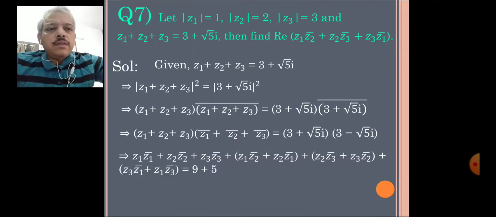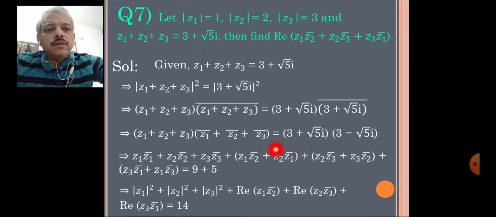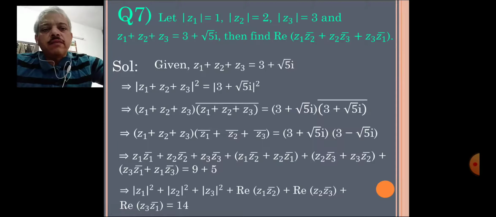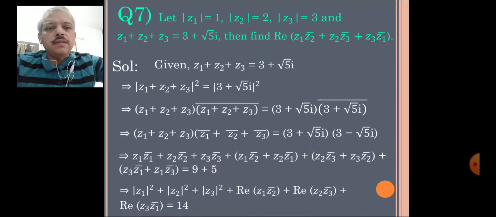Now z2 z1 bar can be written as conjugate of z1 z2 bar, and these two will give you twice the real part of z1 z2 bar. So we can write real part of z1 z2 bar, similarly real part of z2 z3 bar, similarly real part of z3 z1 bar, and z1 z1 bar is modulus of z1 square, z2 z2 bar is modulus of z2 square, and z3 z3 bar is modulus of z3 square.